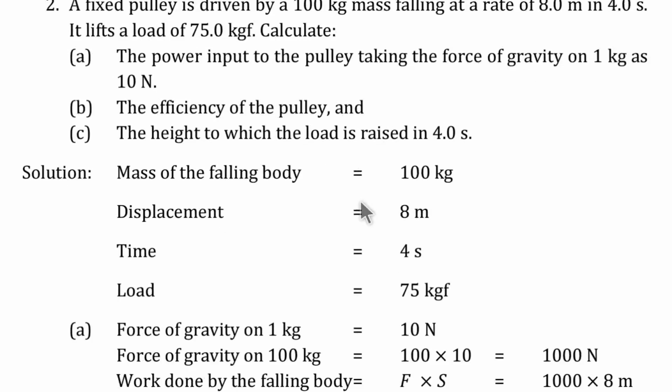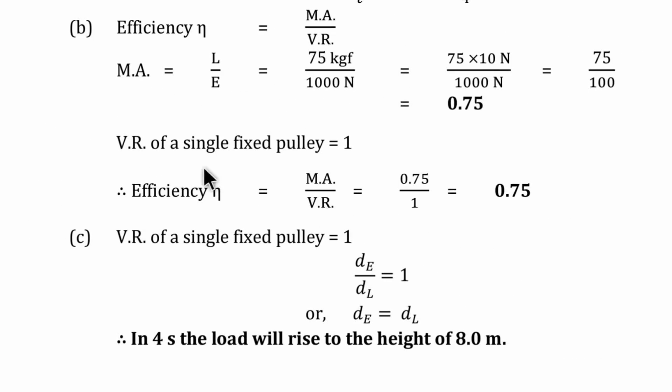Since the velocity ratio of a single fixed pulley is equal to 1, and velocity ratio is the ratio of displacement of effort to displacement of load, dE by dL equals 1, which means dE will be equal to dL. This means whatever is the displacement of effort, that amount of displacement will be there for the load as well. So in 4 seconds, if the effort is displaced 8 meters, then the load will also rise to the same height of 8 meters, and that is the required answer.